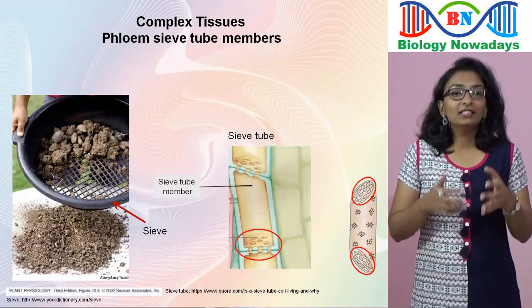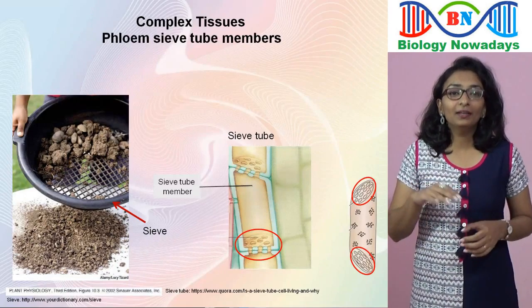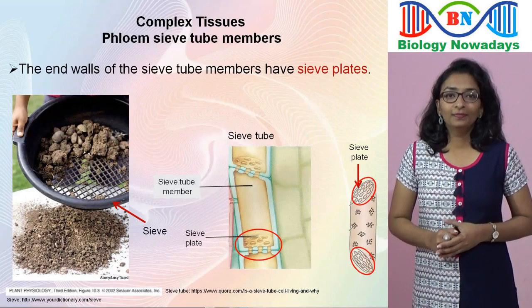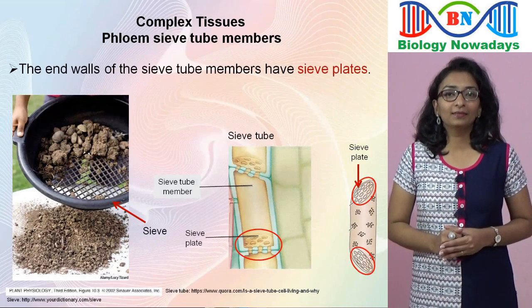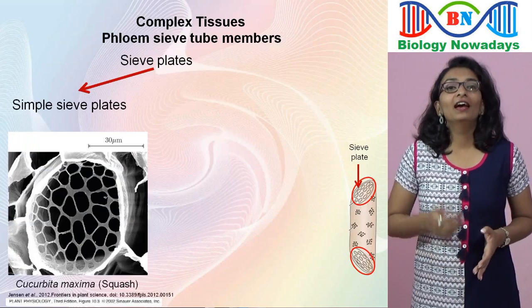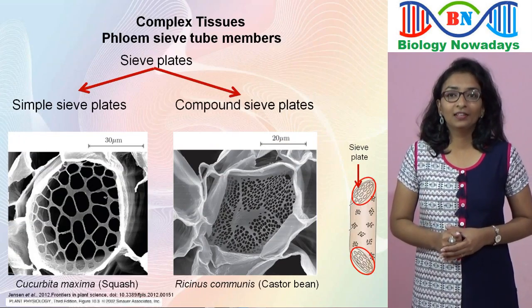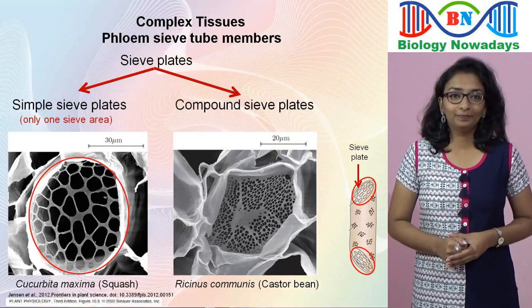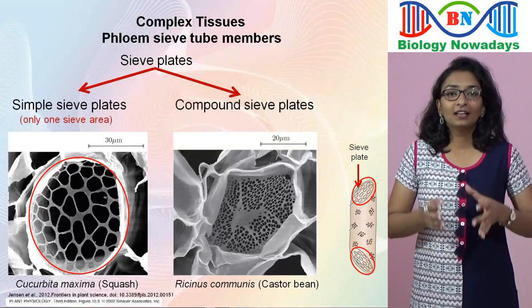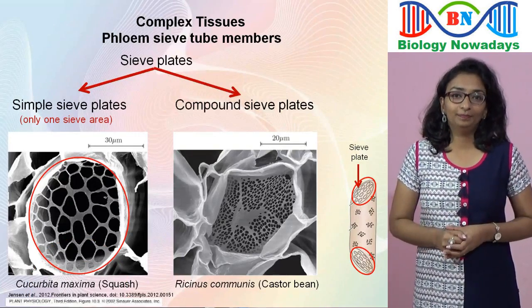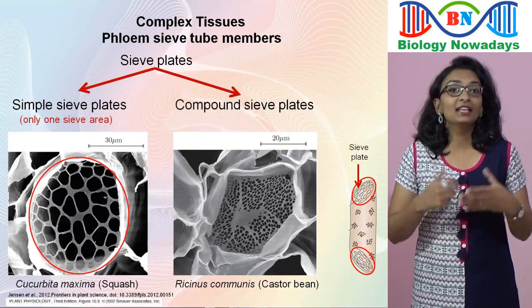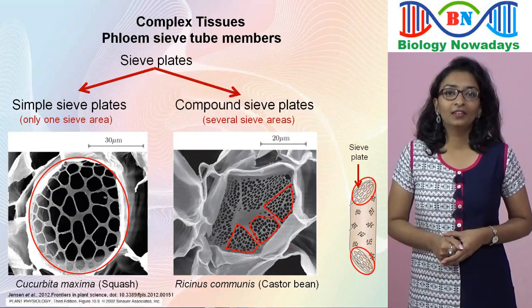The end walls of the sieve tube members with sieve-like pores are known as sieve plates. There are two types of sieve plates, simple and compound sieve plates. In a simple sieve plate, there is only one sieve area. Sieve area means a cluster of pores. In a compound type, the sieve plates have several sieve areas.